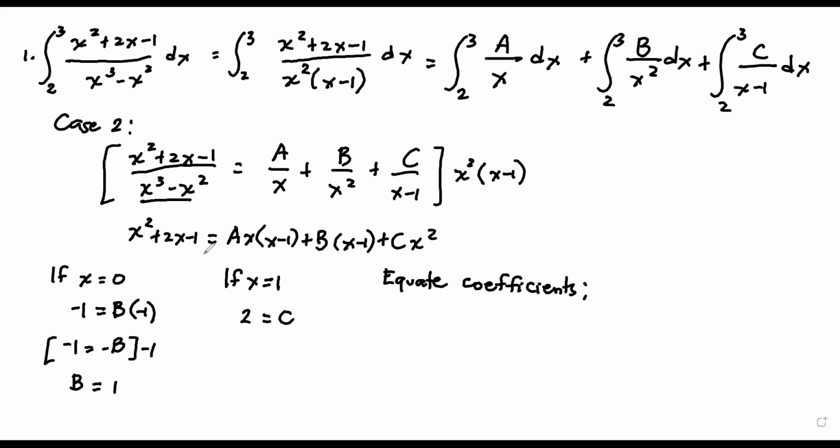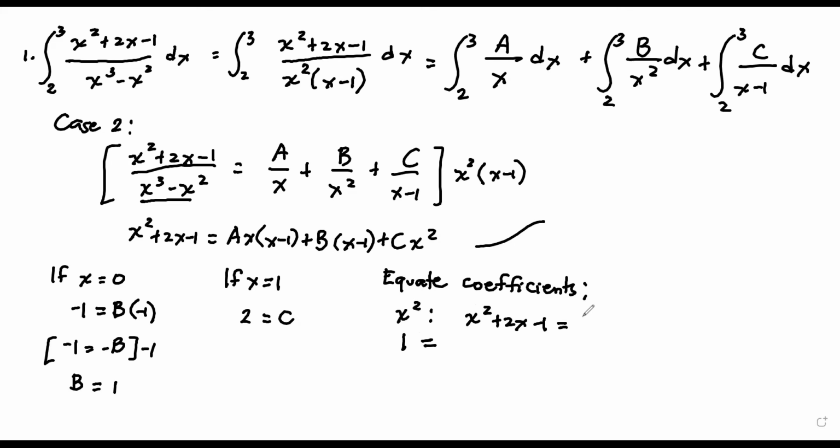Okay? So we will get the coefficient of x squared. Kukunin nyo lang ang numerical coefficient. When we get the numerical coefficient here, which is 1. So 1 equals, again, only the numerical coefficient. And here, when we simplify, we will have x squared plus 2x minus 1.